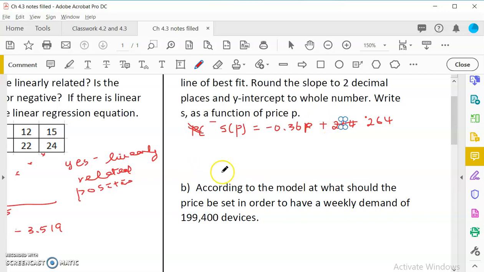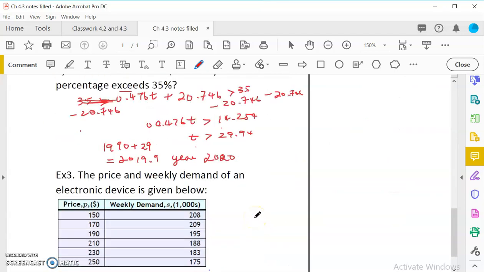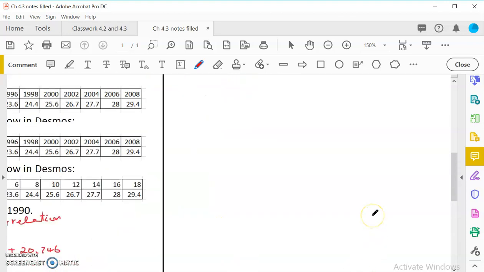So according to the model, what should the price be so that my weekly demand is 199,400? Now, if you look at the data itself, the demand is set in thousands. So when they say 175, it doesn't mean 175 itself, it is 175,000.